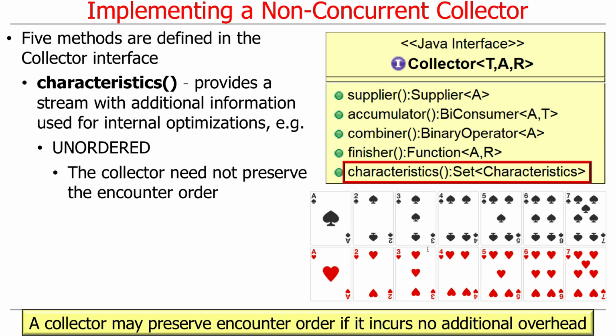Conversely, if you have an unordered collector and a parallel stream, then whatever order they happen to arrive in as they run in parallel is perfectly okay. So if you don't care about encounter order, the collector should be unordered, because it provides the opportunity for optimization by the streams framework in the case where you're using a parallel stream.